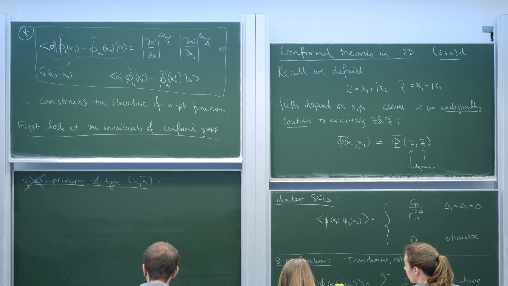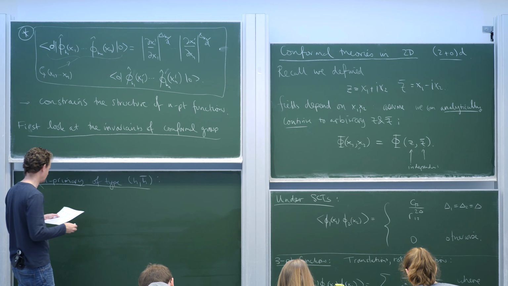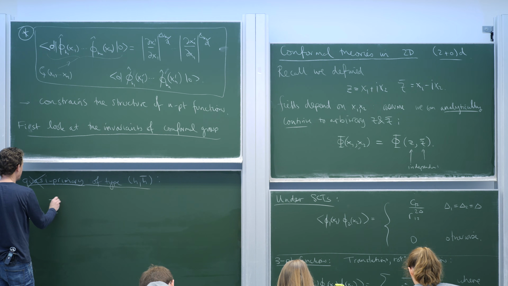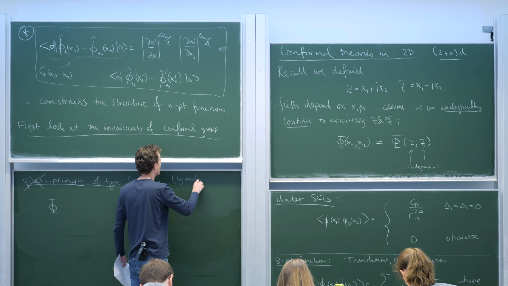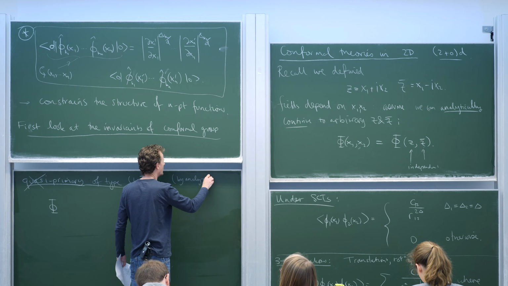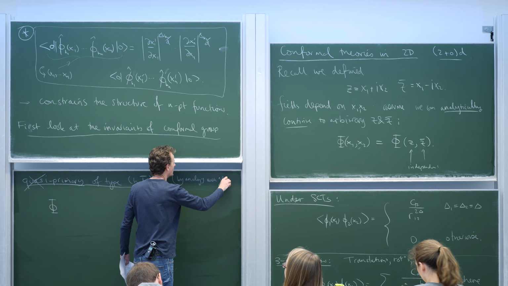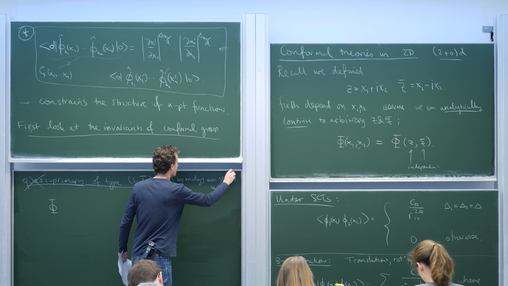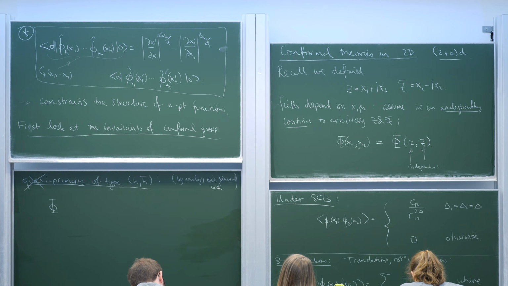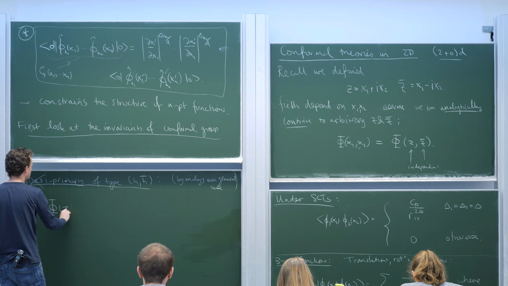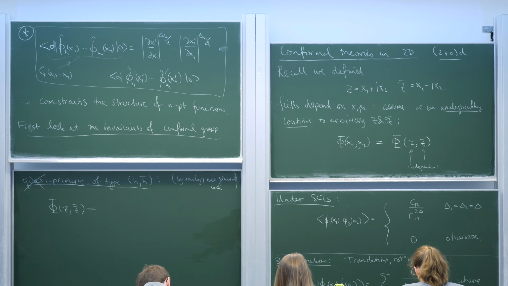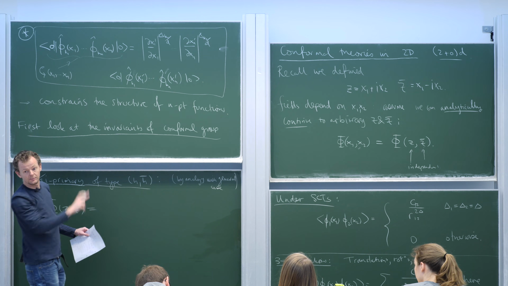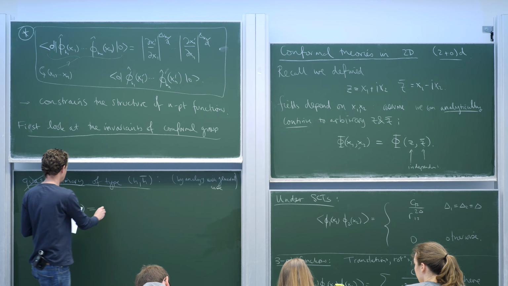I'm going to introduce a special class of fields that are transformed in a very particular way under conformal transformations. This is by analogy with the general case. We're going to introduce special fields that under a conformal transformation transform just like that law up there, but with a slight modification.